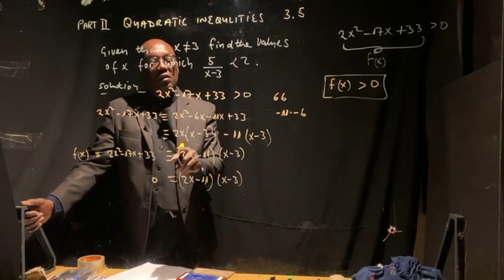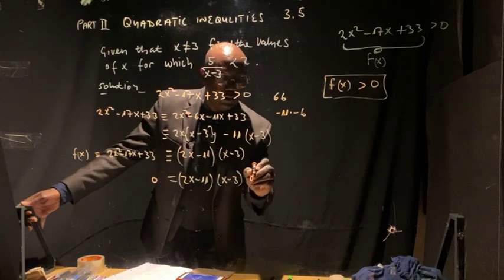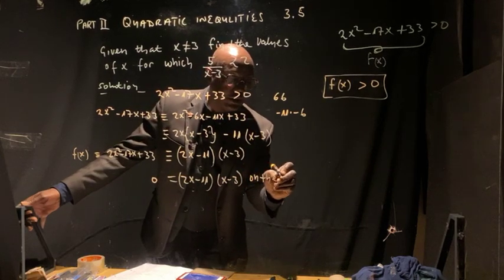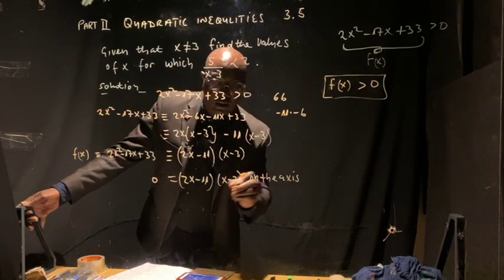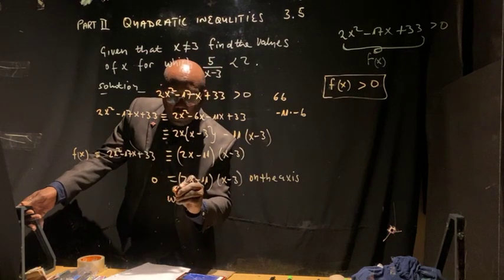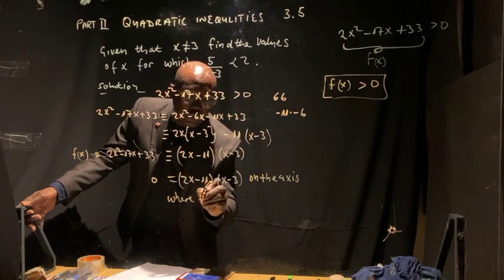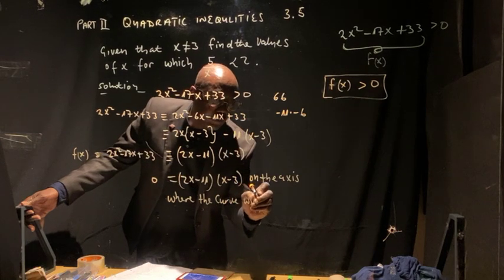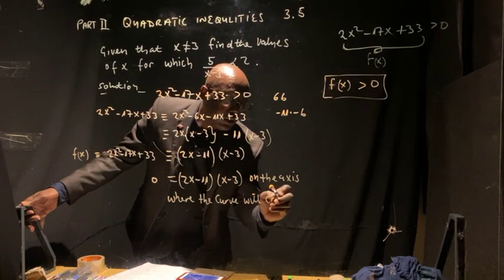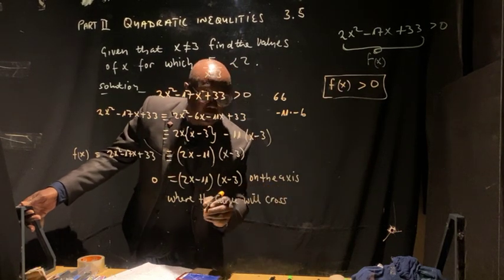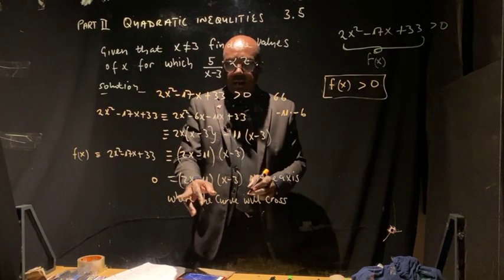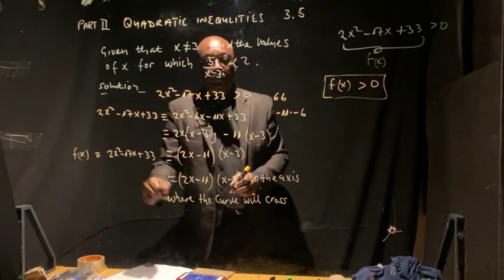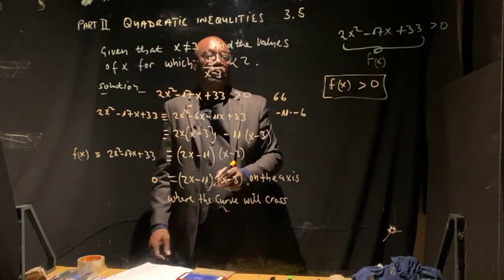On the x-axis, where the curve will cross the x-axis, y will be equal to 0, or f of x will be equal to 0.